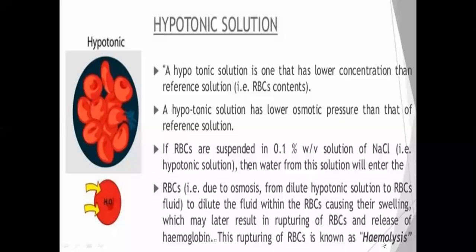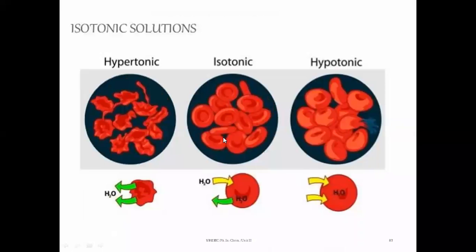Here, we are going to do a comparative study of all those three solutions: hypertonic, isotonic and hypotonic. In an isotonic solution, if water is required, then water comes inside. If it is not required, then water is sent outside.